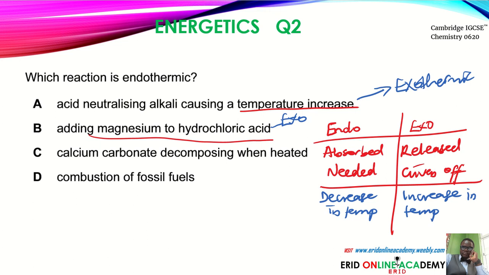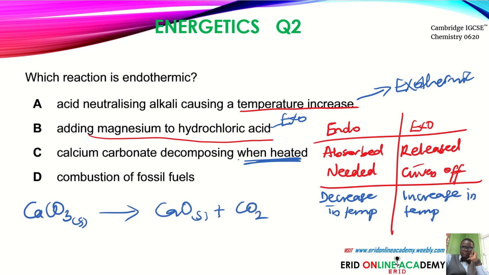Now for C, we're told that calcium carbonate decomposed when heated. So heating actually gives energy to the chemical compound. That means the decomposition of calcium carbonate solid into calcium oxide solid requires heat energy.